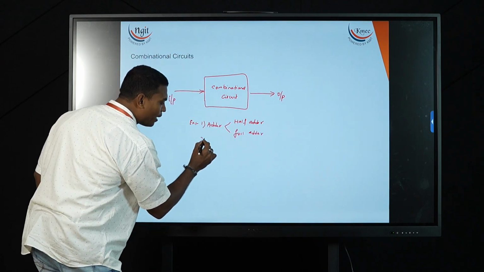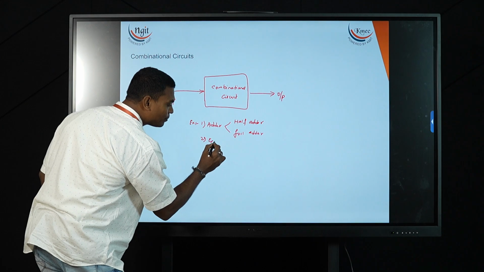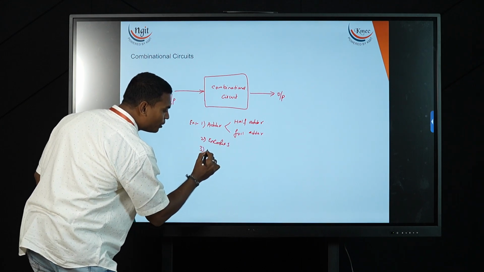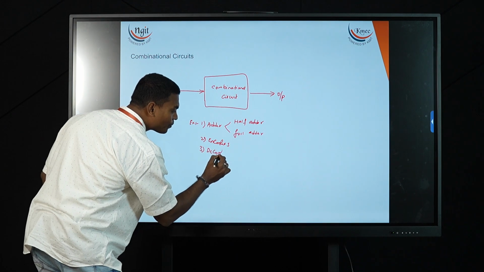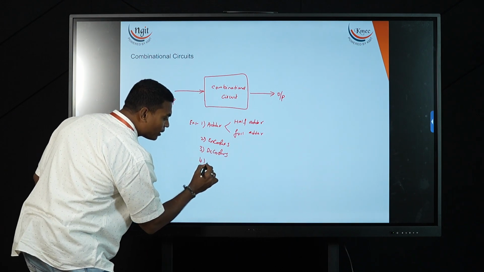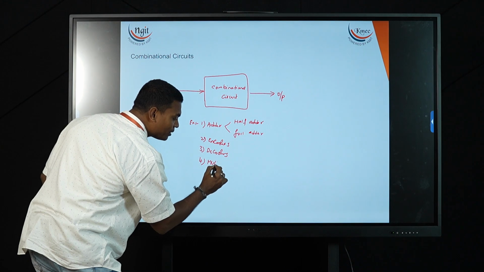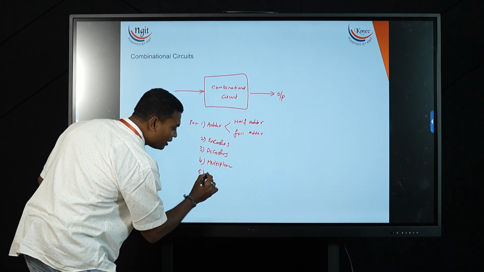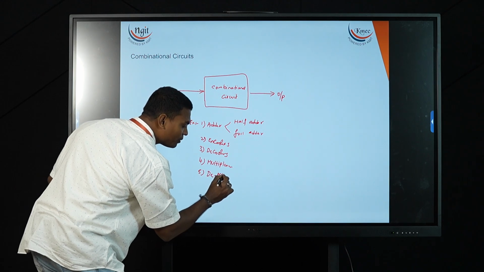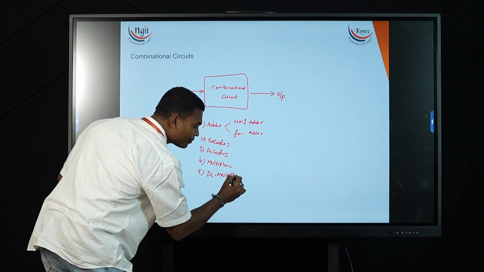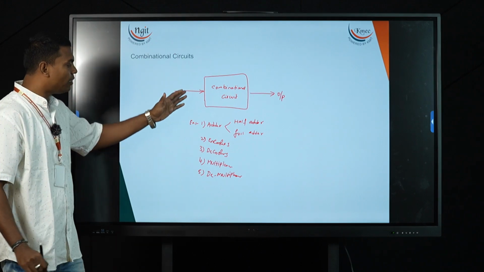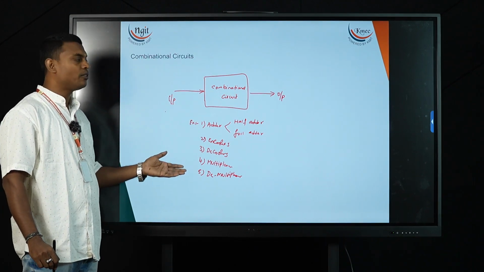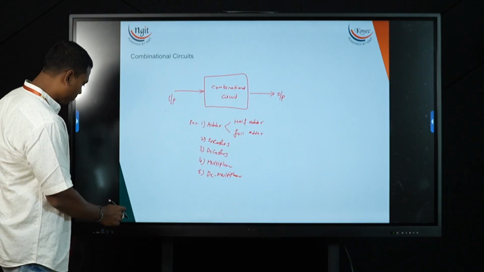After adders I can have encoders, decoders, then multiplexers, and then demux or demultiplexer, as we call it. So all these circuits come under combinational circuits. We'll see each circuit in detail in the next slides.